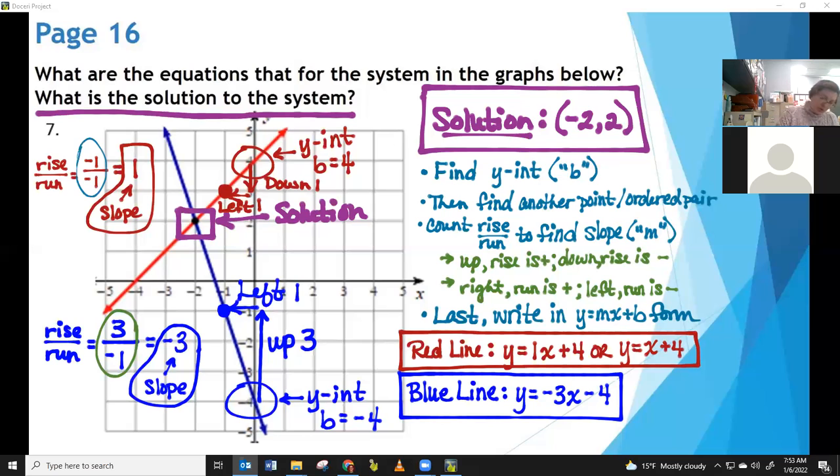Here's another thing, actually, while we're on that topic. Let's pretend for just a minute that we got something that was, say, up 2 and left 3. That is exactly the same as down 2 and right 3.